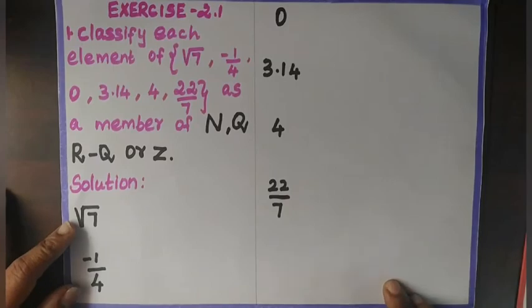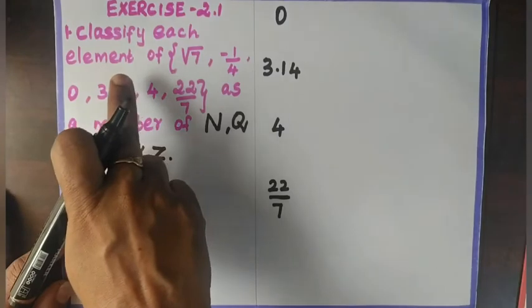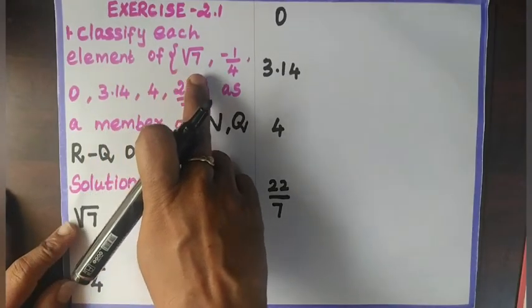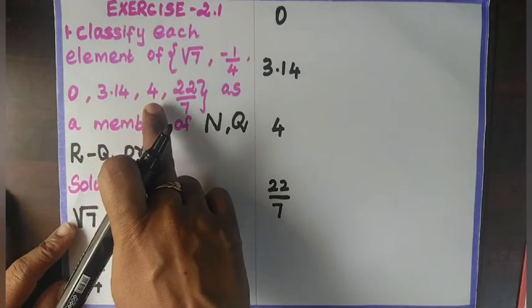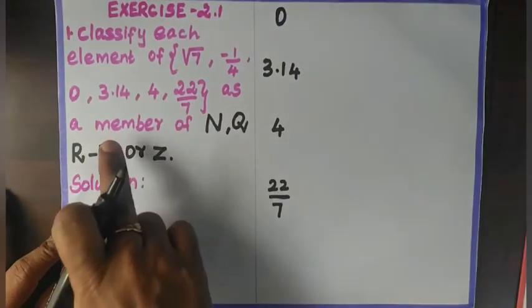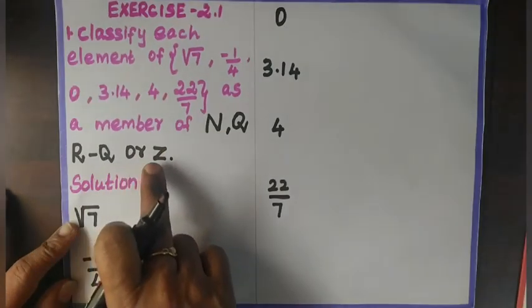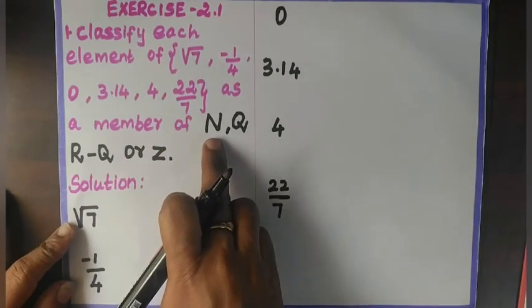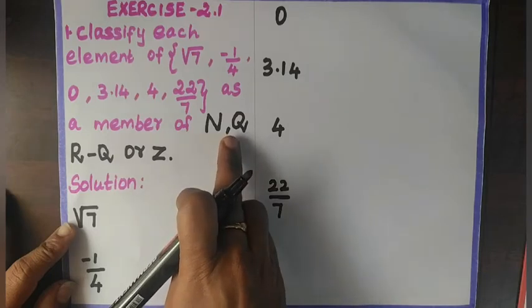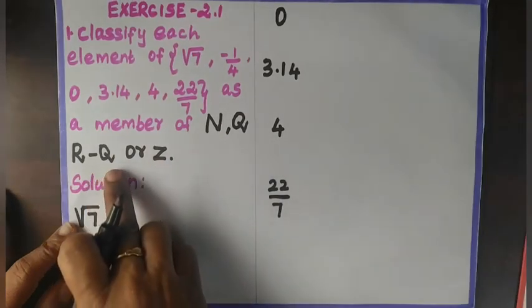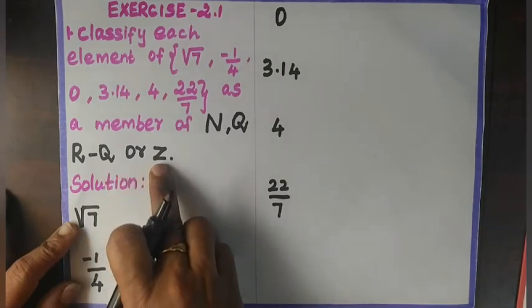Now, we are going to see exercise 2.1. Classify each element of root 7, minus 1 by 4, 0, 3.14, 4, 22 by 7 as a member of N, Q, R minus Q or Z. N stands for natural numbers, Q stands for rational numbers, R minus Q stands for irrational numbers, Z for integers.